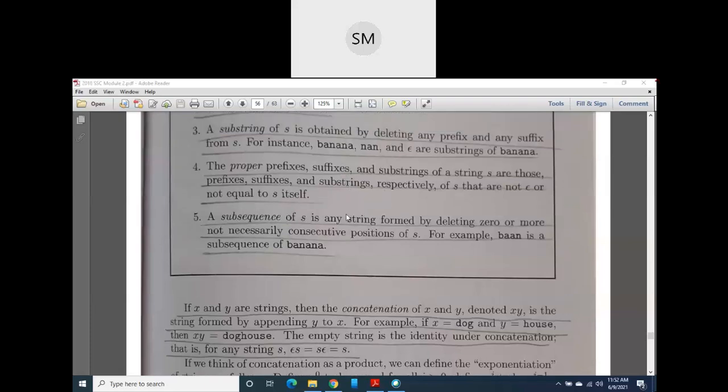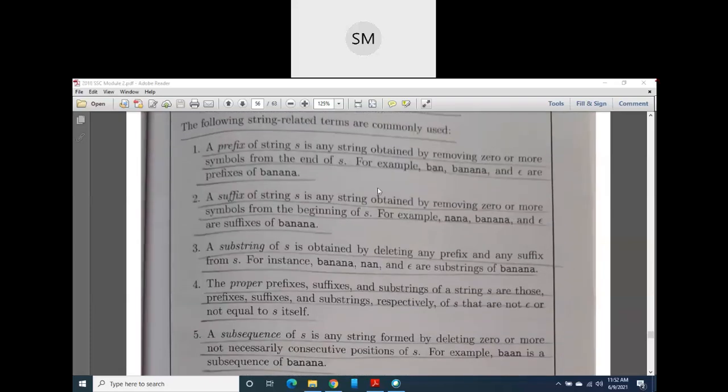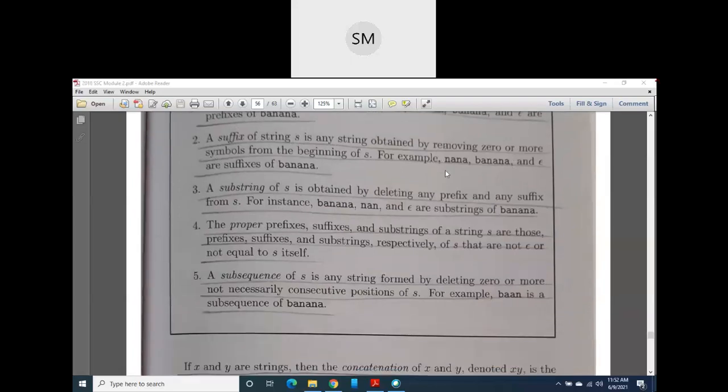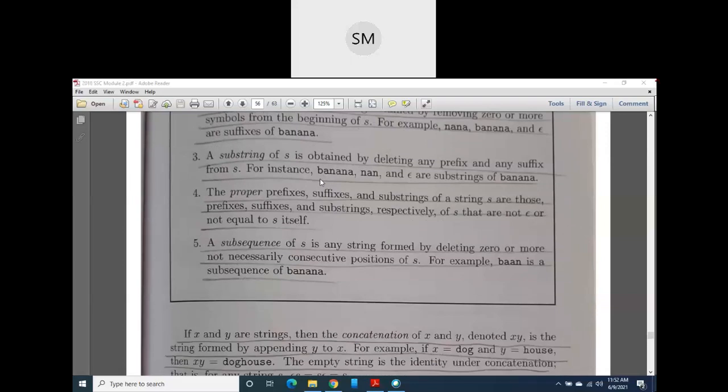It means that BAN is a proper prefix, but banana is not a proper prefix, and the empty string is also not a proper prefix. And NANA is a proper suffix, but banana and the empty string are not proper suffixes.